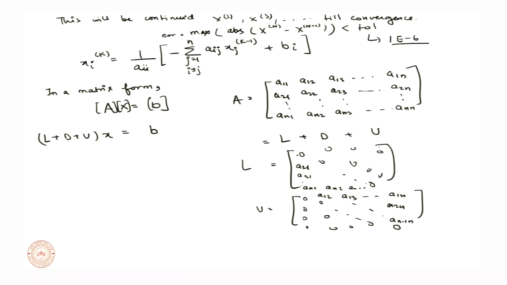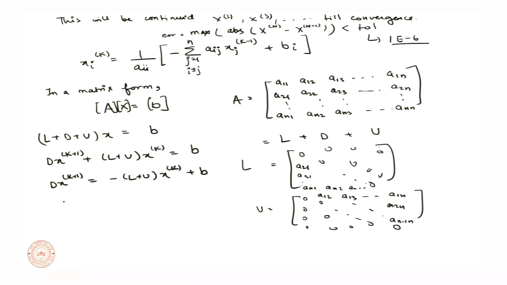So your ith terms are only on the diagonal, and off diagonal terms are your L and U. Okay, so D of x for the k plus 1th iteration plus L plus U x for the kth iteration equals to b. So we can say that D of x for the k plus 1th iteration equals to minus L plus U of x for the kth iteration plus b.